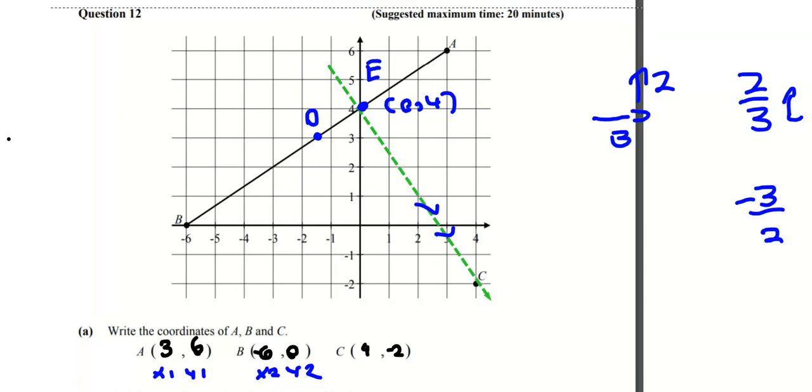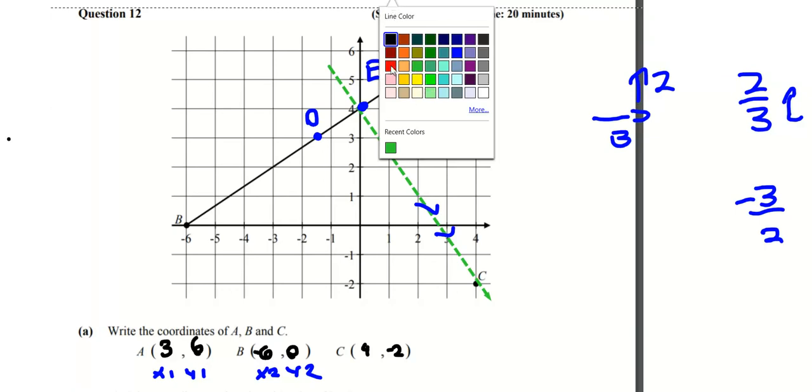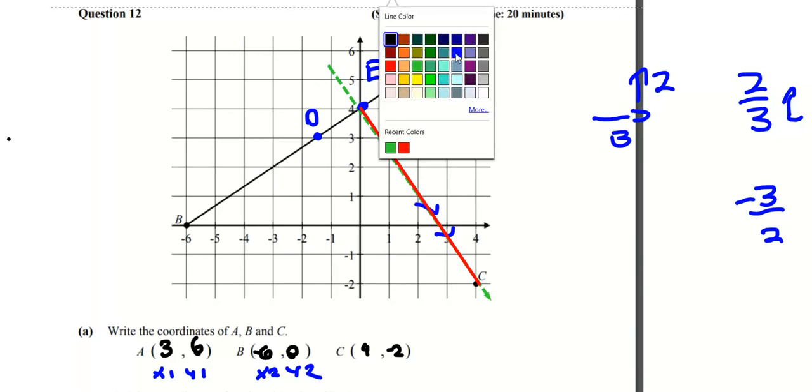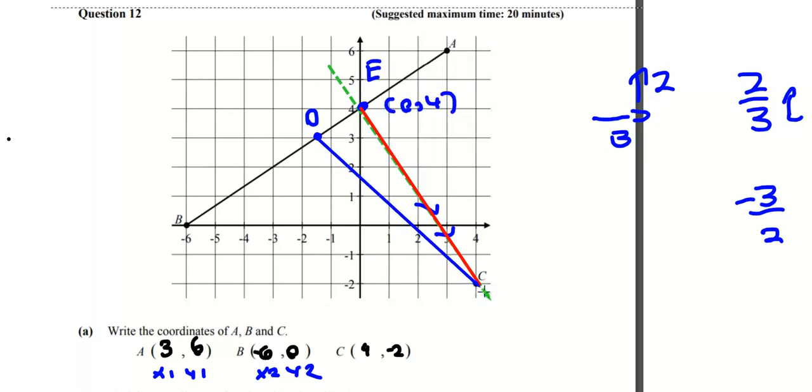So it wants to know whether the, I suppose we'll put it into different colors, wants to know whether the red line is longer than this blue one I'm going to draw in a second, hopefully. Is the red line longer than the blue line?